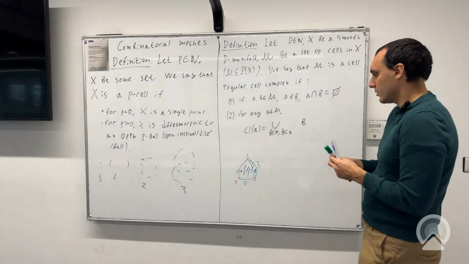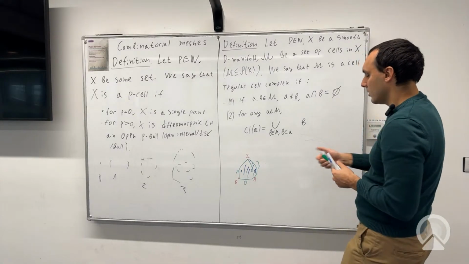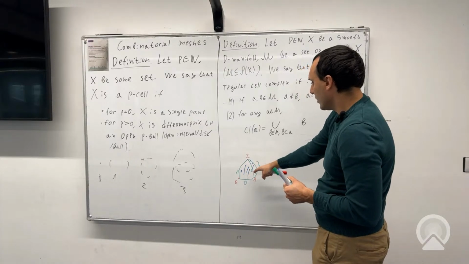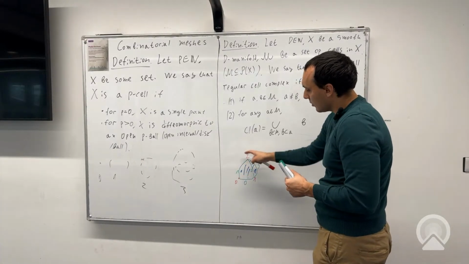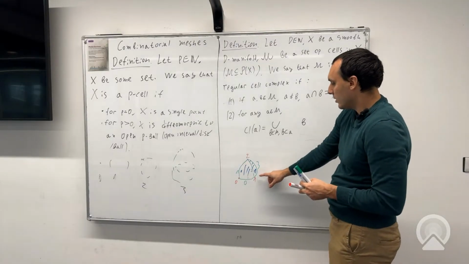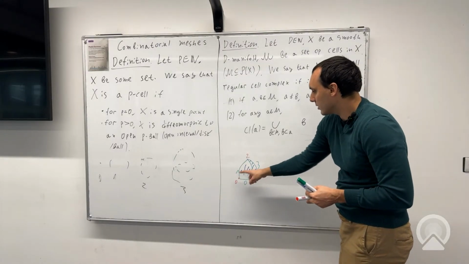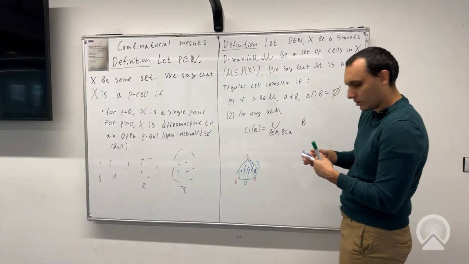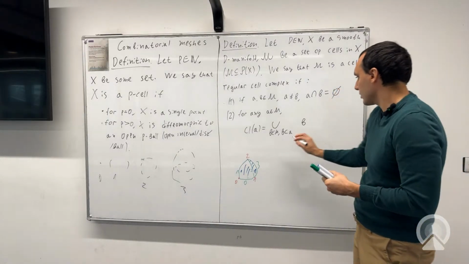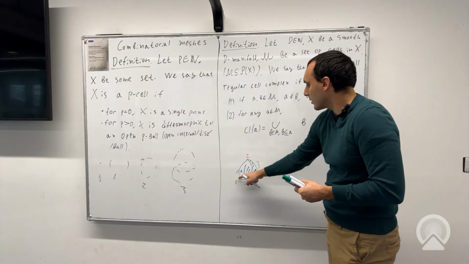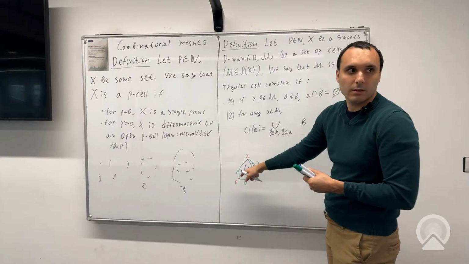And for example, this set, the blue one, its closure is the closed curved triangle. And it's the union of the three nodes, so here I have non-strict, the three edges, and the interior disk.